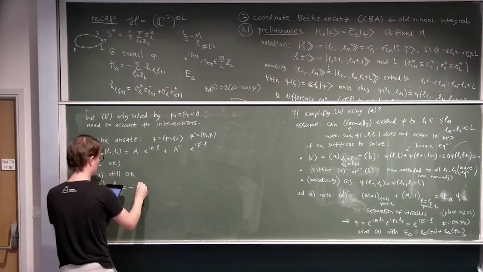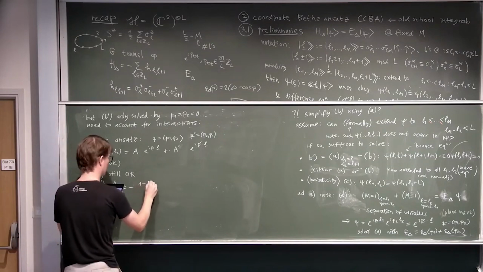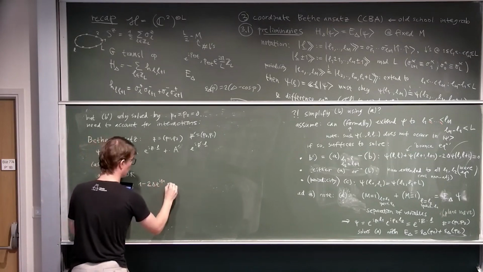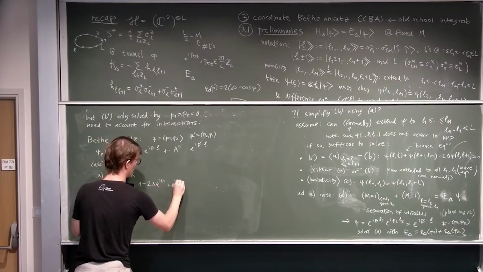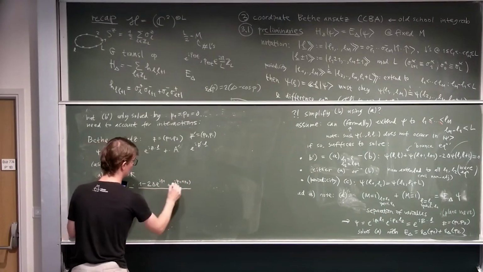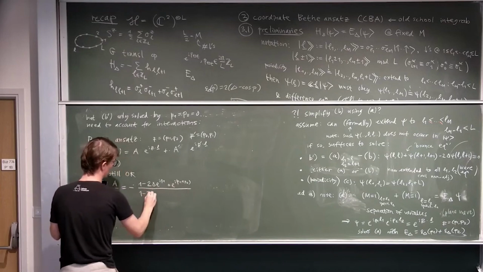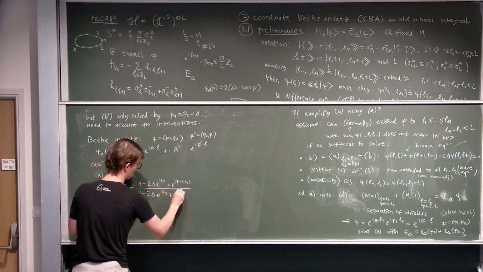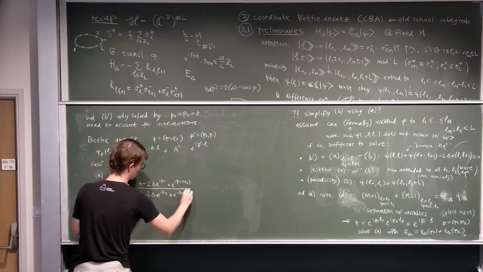It's minus, and then 1 minus 2 delta e to the i p1 plus e to the i (p1 plus p2), divided by the same with p1 and p2 exchanged. So 1 minus 2 delta e to the i p2 plus e to the i (p1 plus p2).